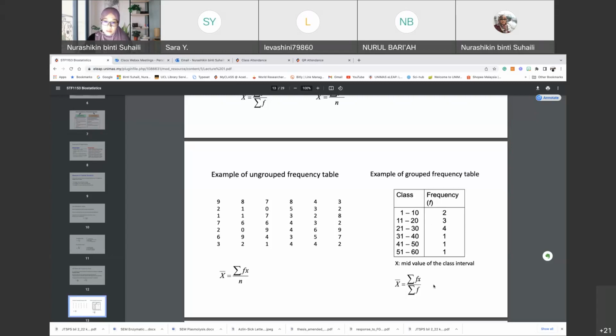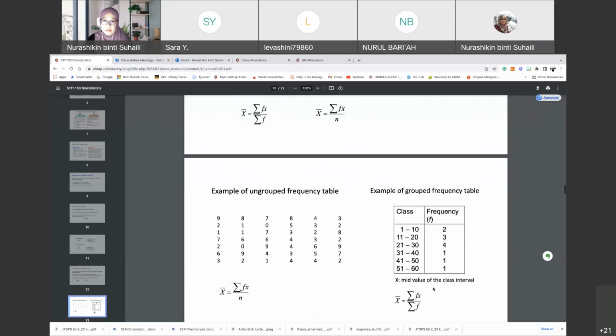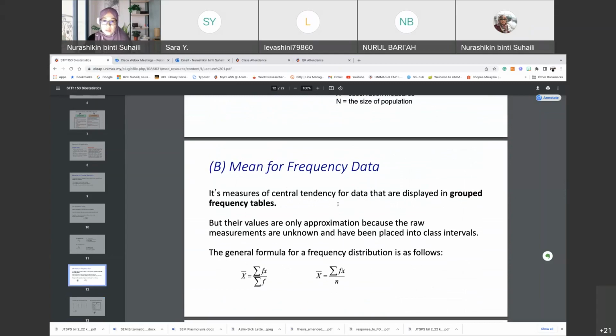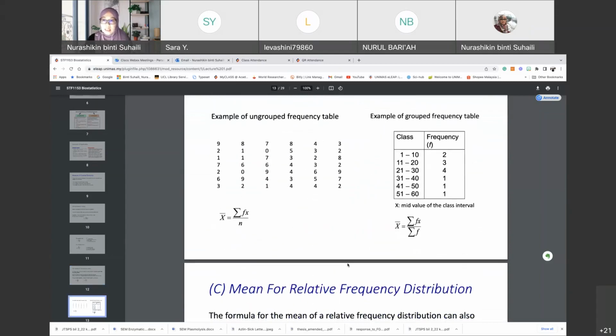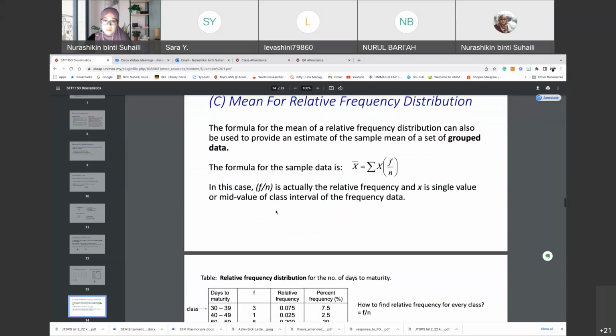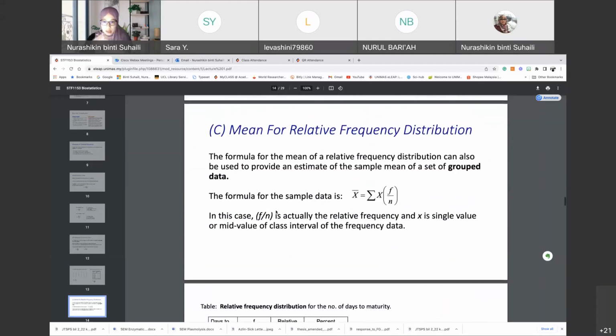That's how you find the mean of the grouped frequency data, which is what is meant here by mean for frequency data. But if you think logically, not to say that you have to rely on this formula, you can know how to find the mean without it, as long as you have understood the mean concept.